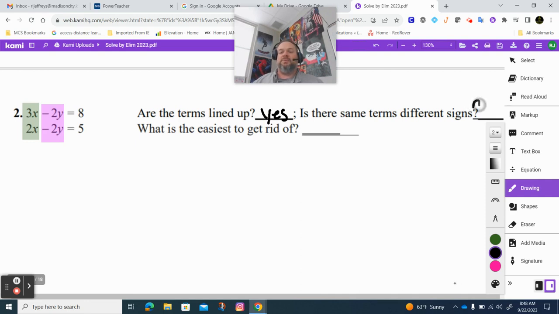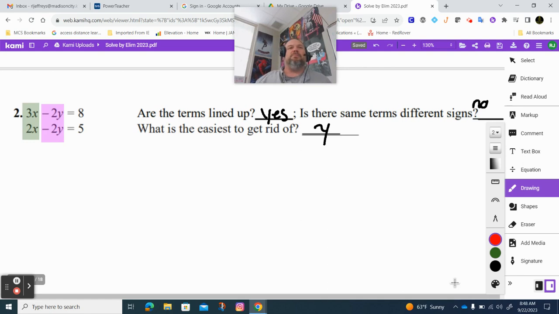No, there's not. So we got to do something different. Okay. So we're going to use this next question to actually help us get rid of one of these. Which one of these, X or Y, do you think is going to be the easiest to get rid of? Y, yeah. And this is why.